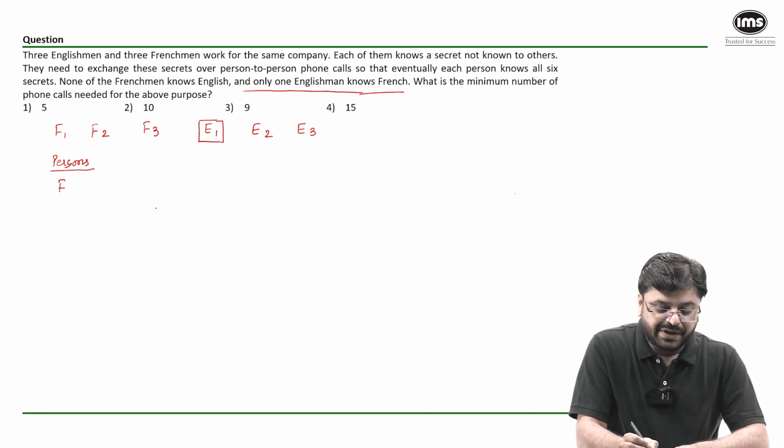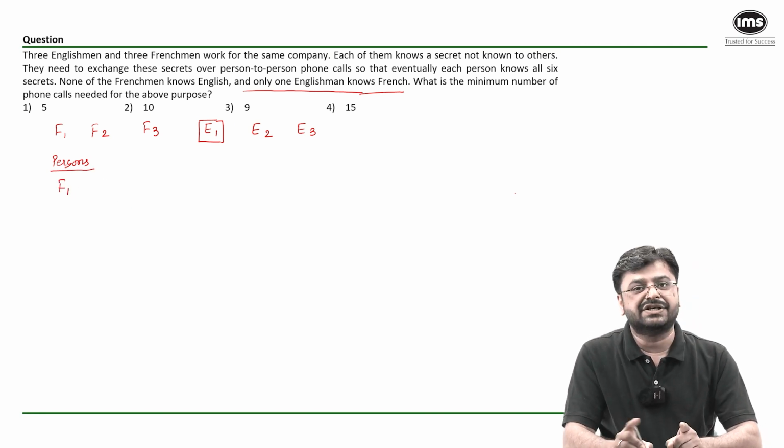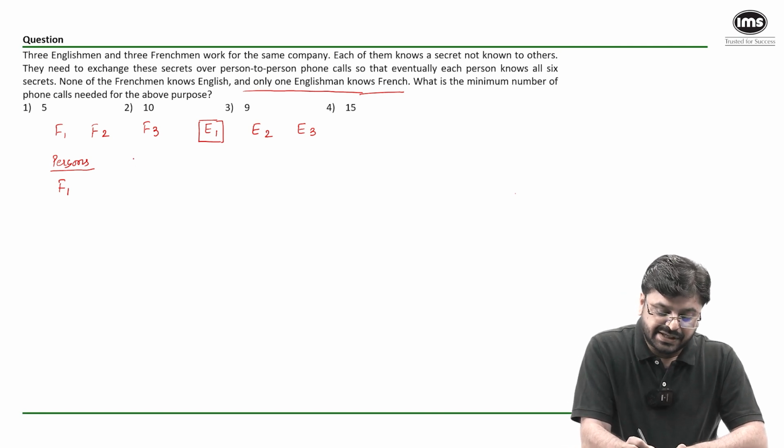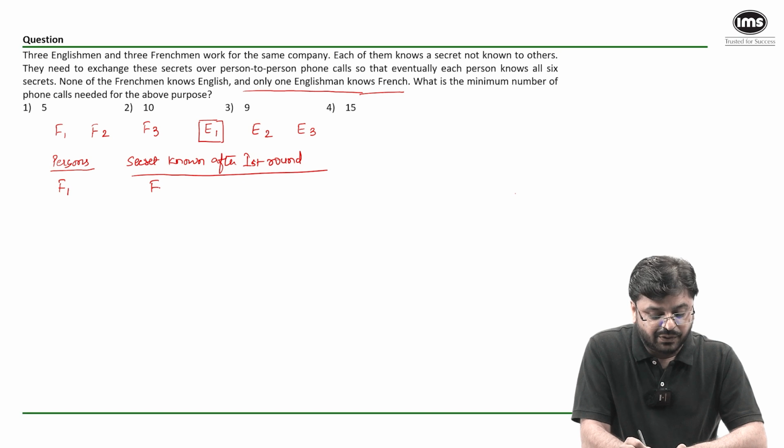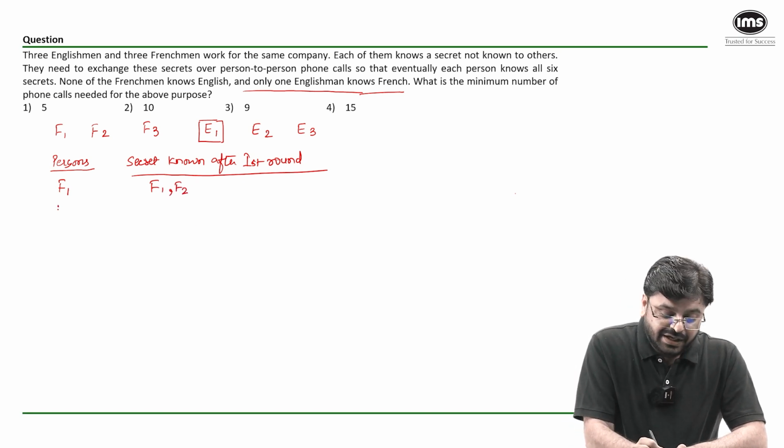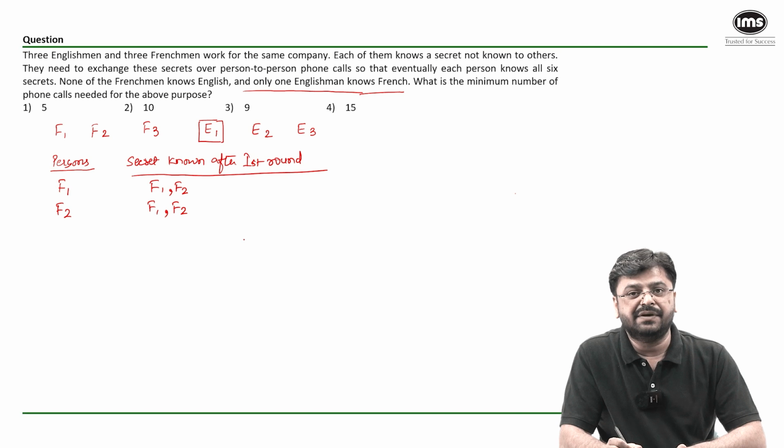When F1 calls F2, they'll exchange their secrets. So after the first call, F1 will know F1's secret and F2's secret. F2 now knows F1's secret and his own secret.